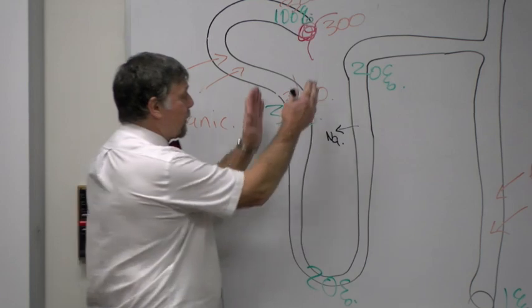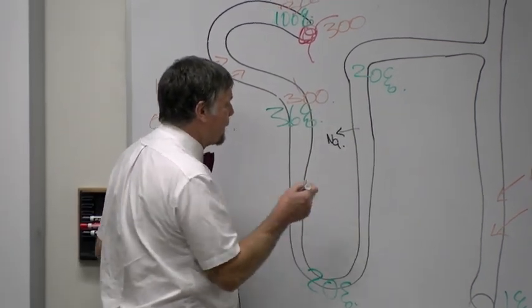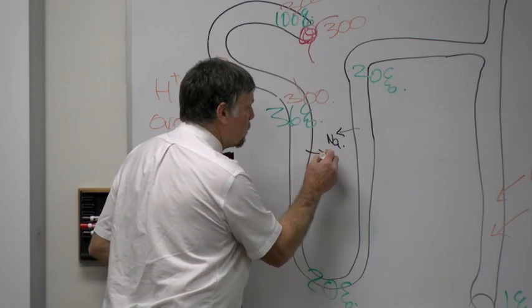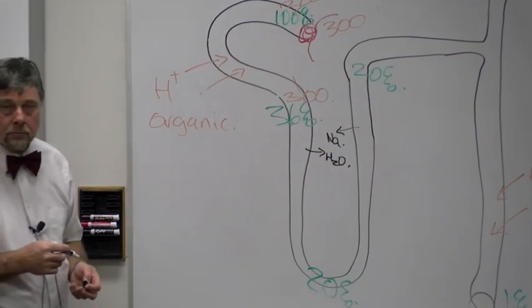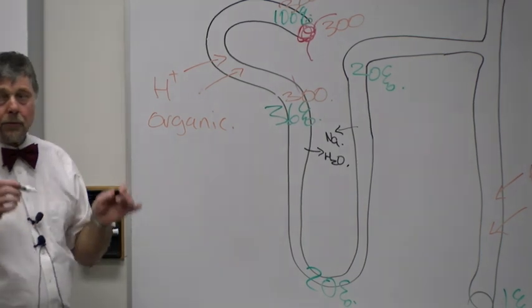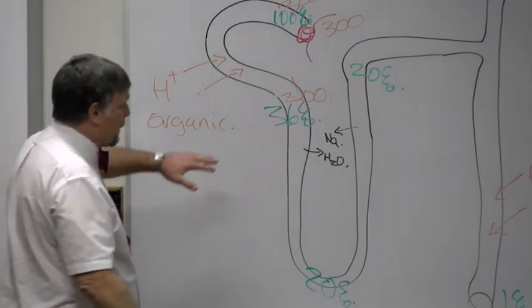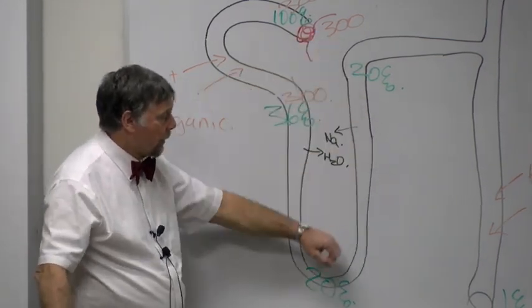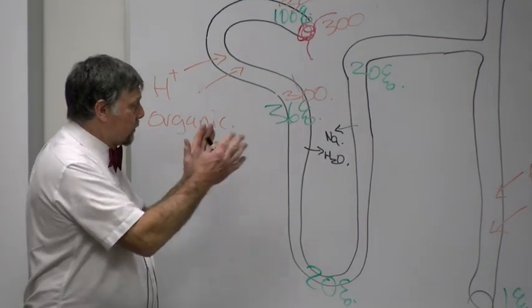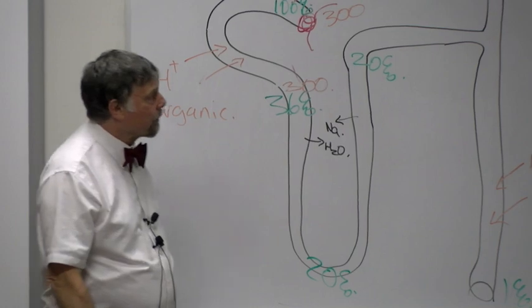Interesting though, because these are in close proximity, as the sodium is pumped out of there, the water actually flows to meet it. And again, we're going to go through this in a lot more detail later. So the descending limb reabsorbs water, this reabsorbs sodium and other things, and the two work together osmotically. Okay.